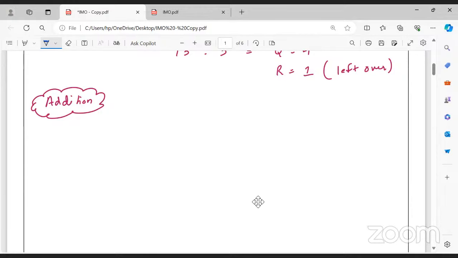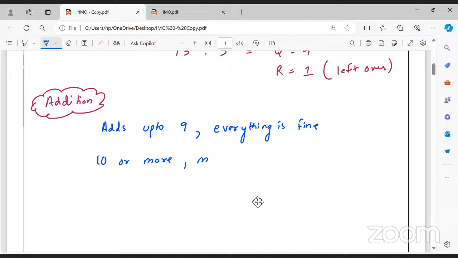So it's fun. Today you are going to teach this to your parents. It's written: adds up to 9, everything is fine. 10 or more, move to the next door.